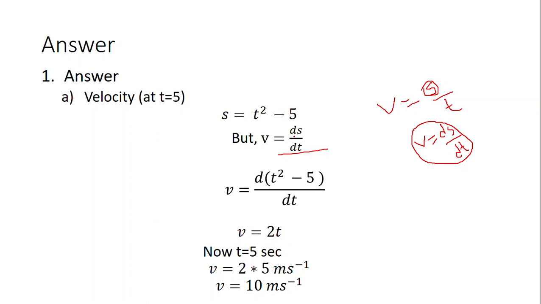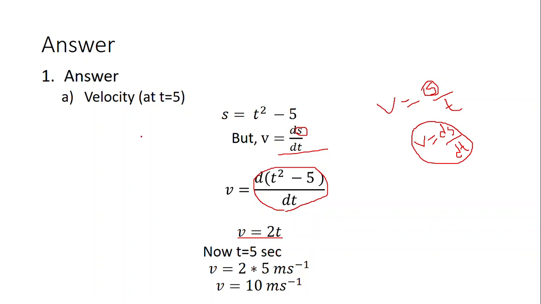You already know the equation for s, that is given in the question. So we can substitute d divided by dt for the s, we can substitute t squared minus 5. This is a simple differentiation, so you can easily differentiate this one. The answer is v is equal to 2t.